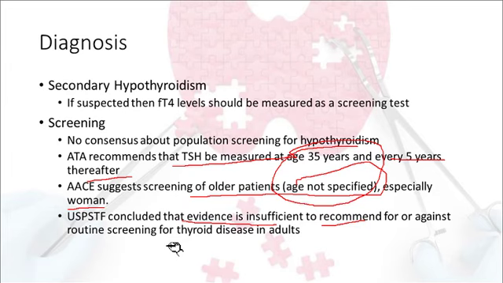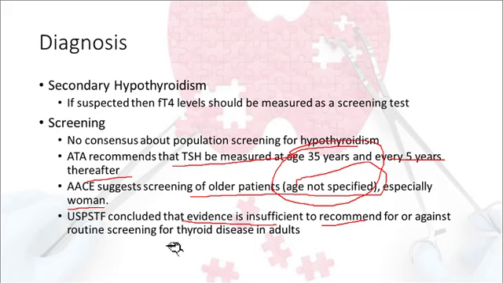Those with symptomatic hypothyroidism, those with other autoimmune disorders such as type 1 diabetes, those with a family history of autoimmune thyroid disease, those with a history of neck radiation or radioactive iodine therapy, those with a prior history of thyroid surgery or dysfunction, those with psychiatric disorders, and patients taking amiodarone or lithium, because both can reduce thyroid levels and cause drug-induced hypothyroidism.